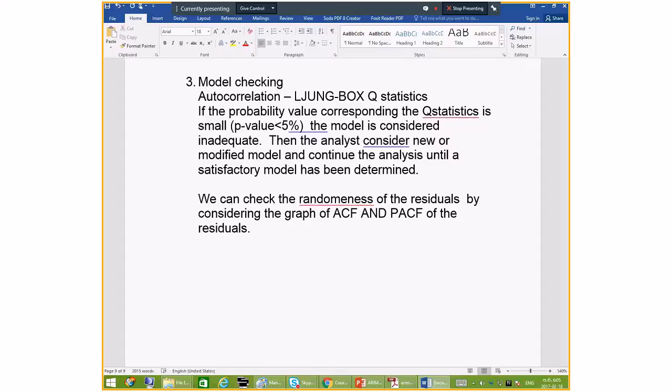The residuals' autocorrelations should be small and generally within plus or minus 2 divided by the square root of n.